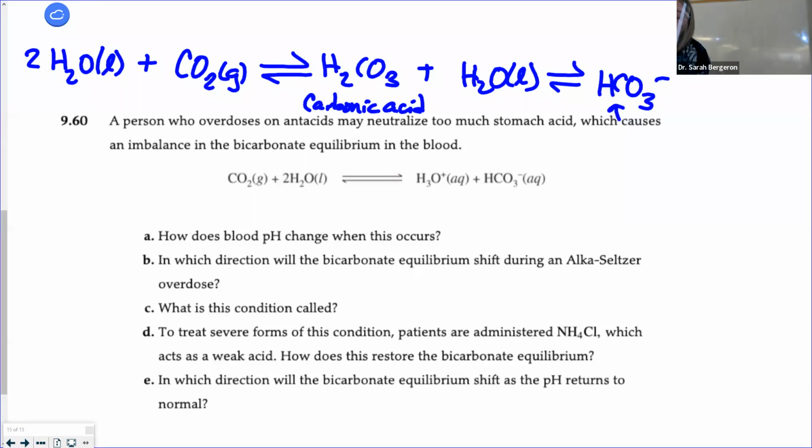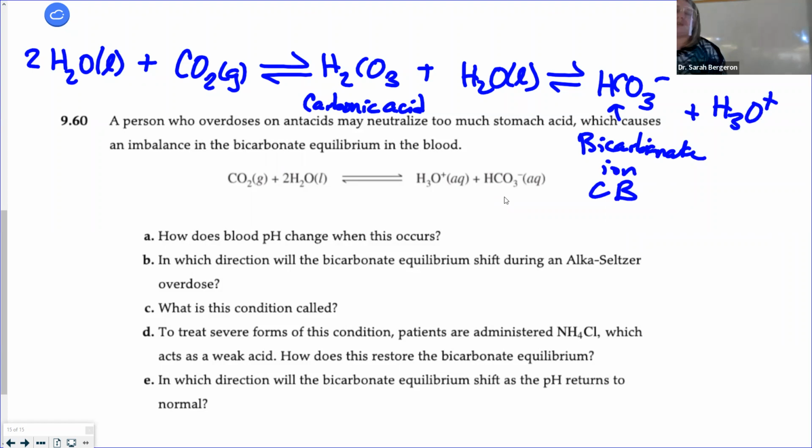This is our bicarbonate ion. This is the conjugate base, right? And so when we have that, we also have H3O plus. Because where did that other hydrogen go, right? We had 2 hydrogens here. We only have 1 hydrogen here. Where did the extra hydrogen go? It went to the water, right?